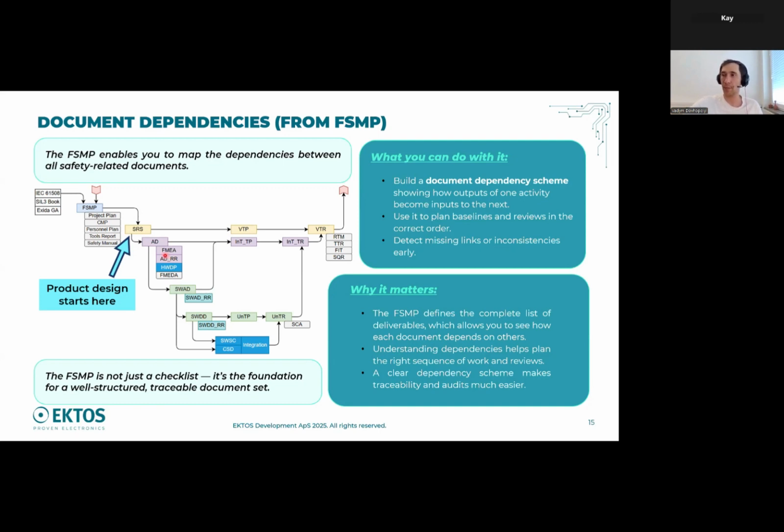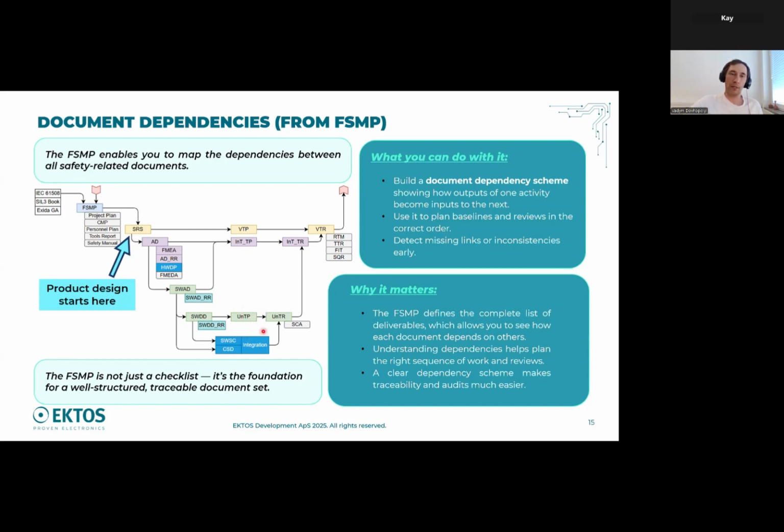Based on architecture design, we step into software architecture design. Based on that, we do software detail design. Taking all of these documents, we go into coding, creating a code standard document, and based on software detail design, we can get the unit test plan.